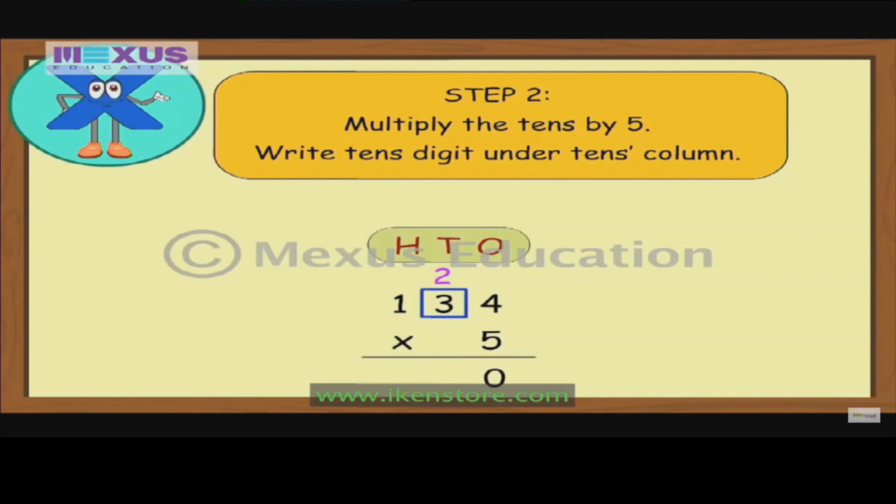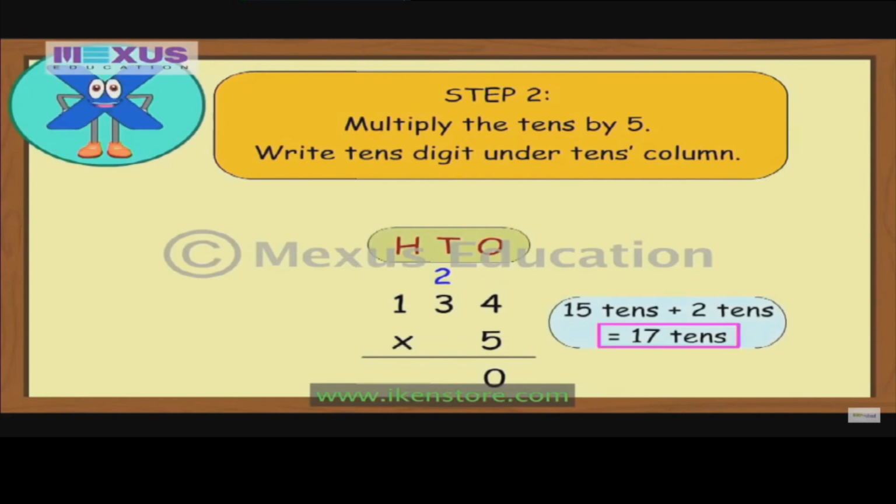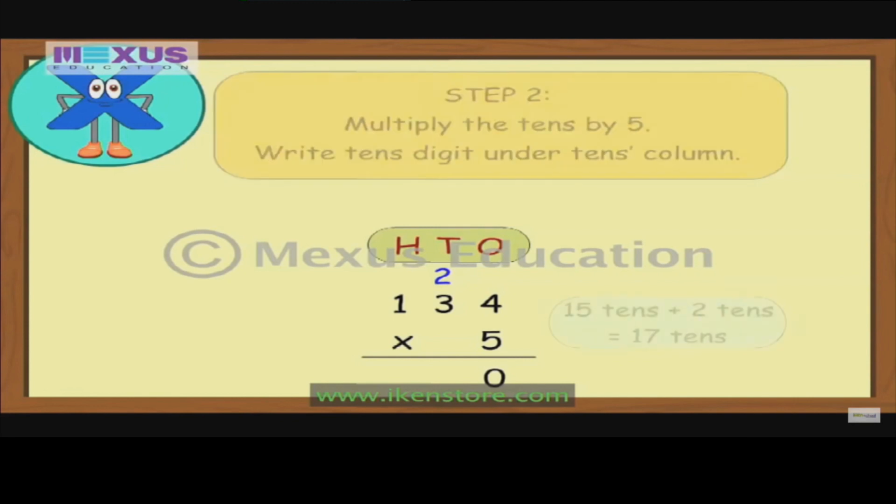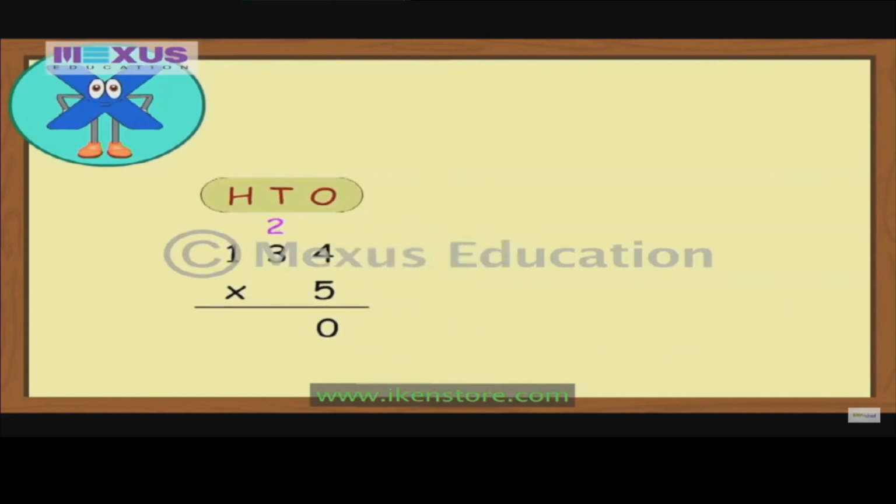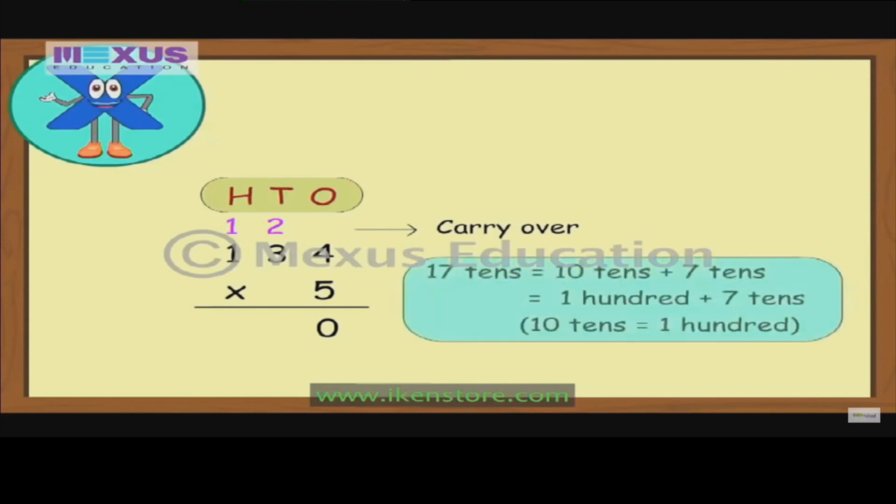Multiply the tens. Now add the carry over written above the tens. 17 tens. So we write 7, carry over 1. Carry over the hundreds above the hundreds column and write the tens digit below the tens column.